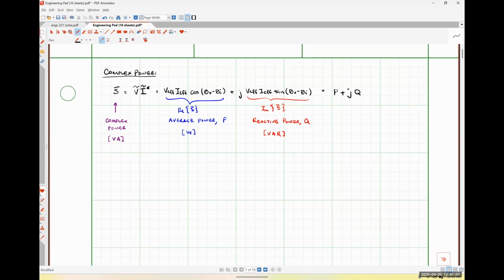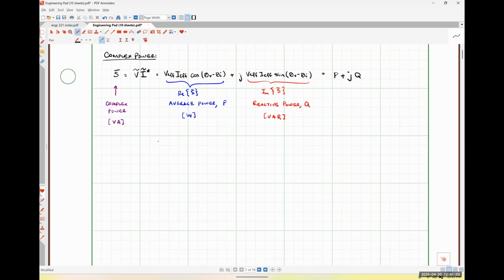In polar form, our complex power can be written as V effective, I effective with an angle of theta V minus theta I, where this term V effective times I effective is simply the magnitude of our complex power.